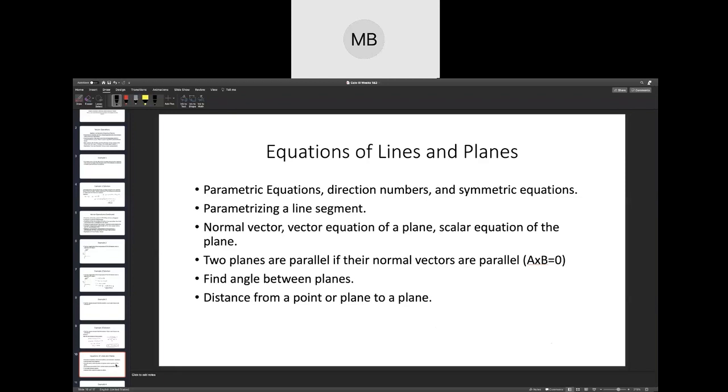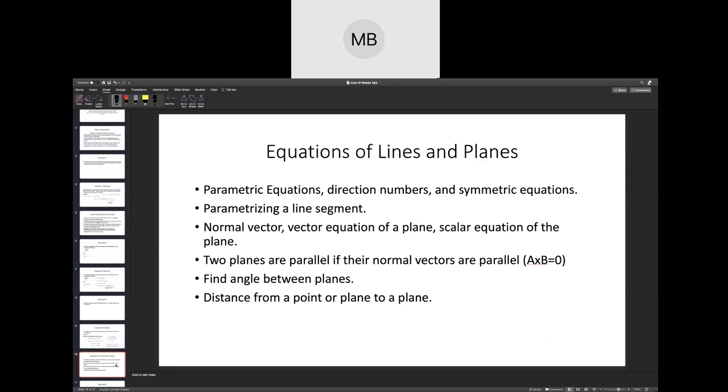The normal vector equation of a plane, the scalar equation of a plane, these are things you can see in your textbook. Two planes are parallel if their normal vectors are parallel. So that's when the cross product of the normal vectors is 0. That's how you can tell if the two planes are parallel. Find the angle between two planes.